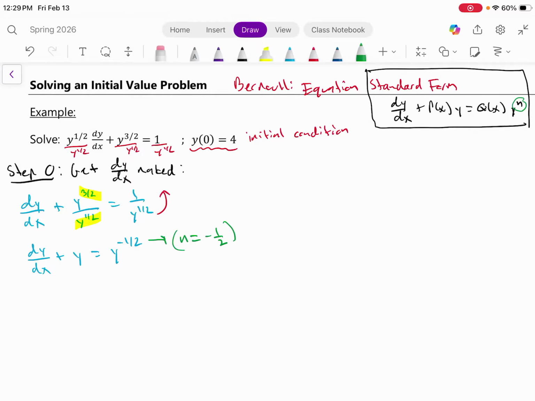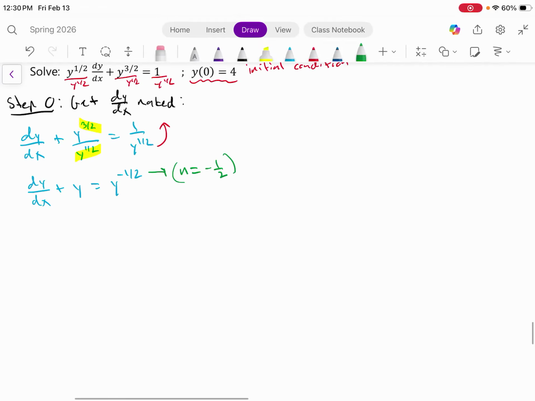And what we want to do is start setting up for our substitution. So step 1, we want to get our u. So u equals y to the 1 minus n, and we want to solve for y and dy over dx.